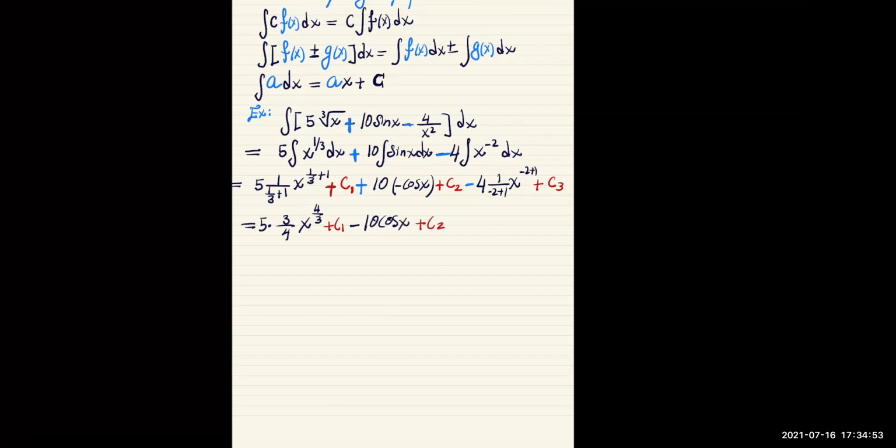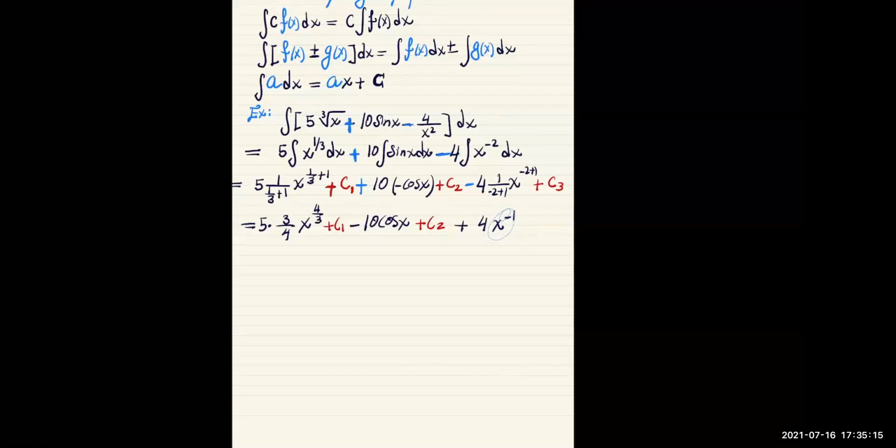And then here we have 1 divided by negative 1. The power of that x is now negative 1. Okay, so you have that 1 over negative 1 times that negative 4, that makes it a plus 4. So plus 4x to the negative 1 plus C3.